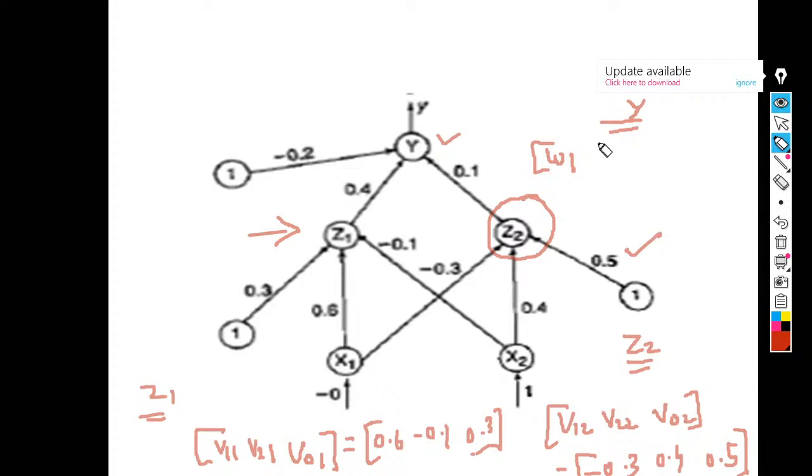From Z2 it is coming on Y, so this is W2, and from this bias it's coming, so I will say this as WO. W1 is 0.4, W2 is 0.1, and this bias is minus 0.2.